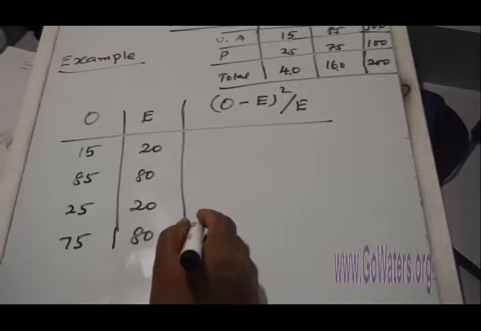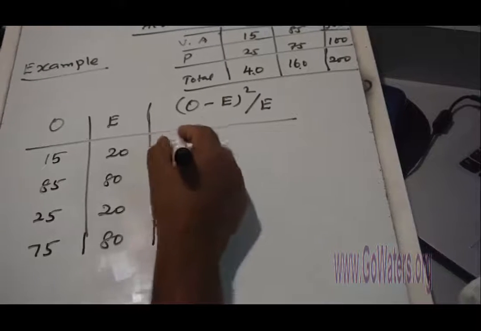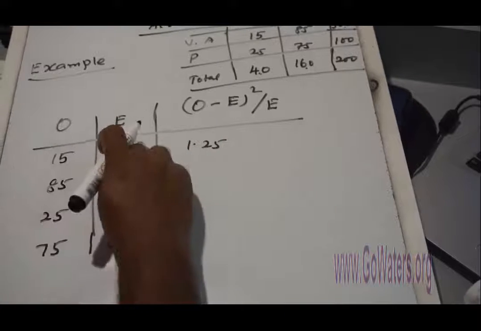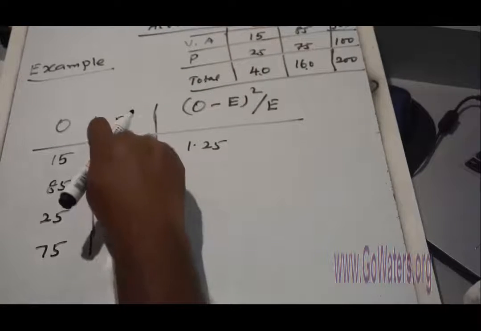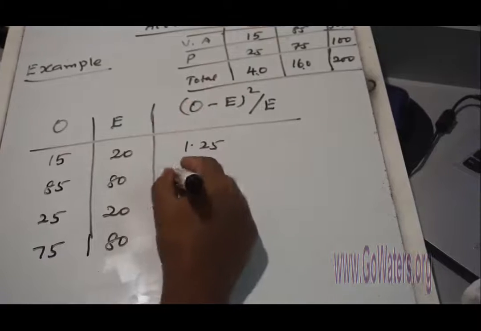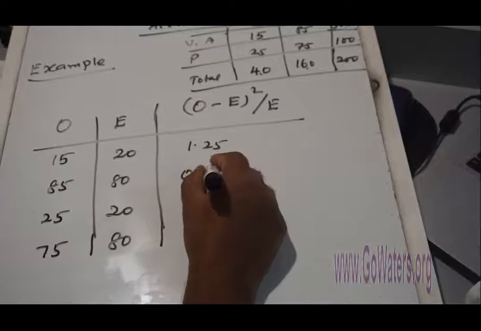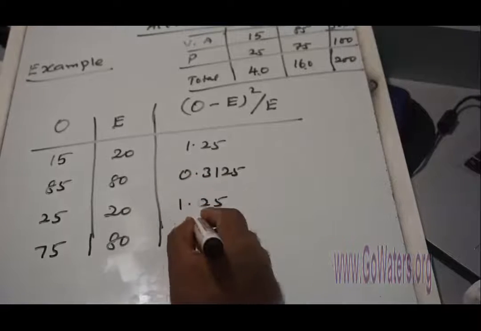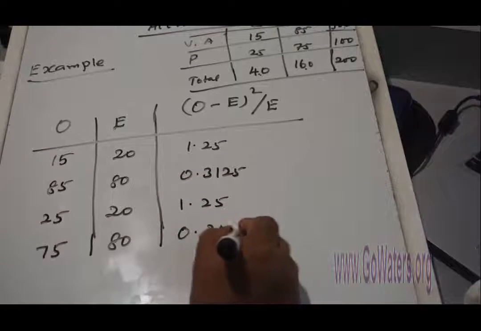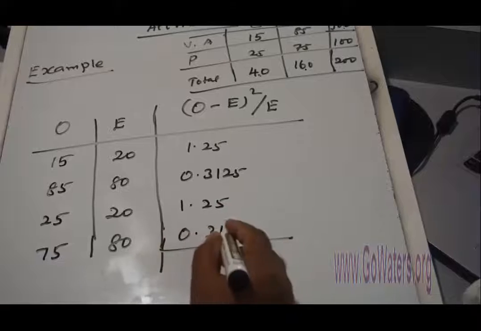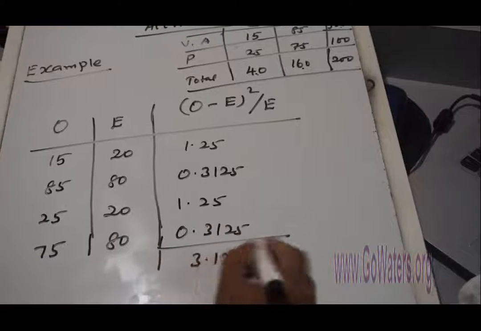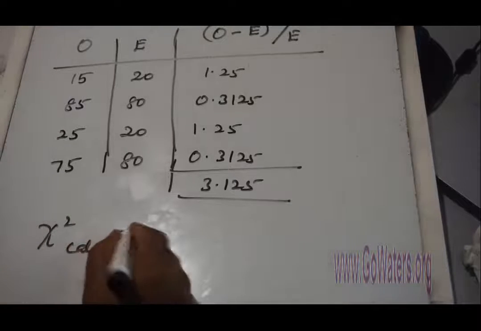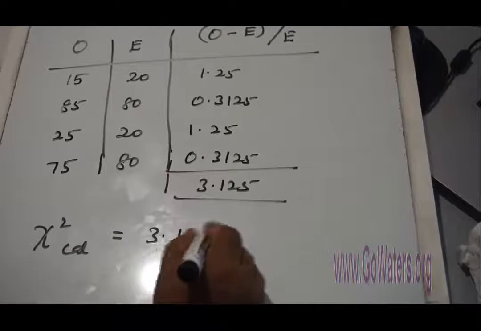The first term, 15 minus 20 the whole squared divided by 20, is 1.25. The next is 0.3125, then 1.25 again and 0.3125. The total is 3.125. So my chi-square calculated value equals 3.125.